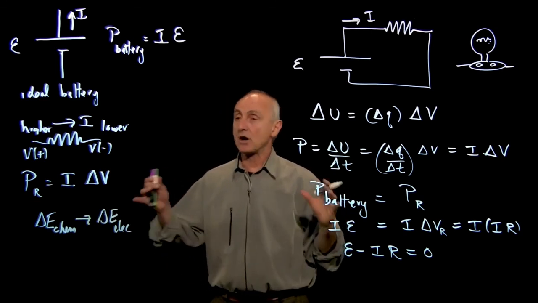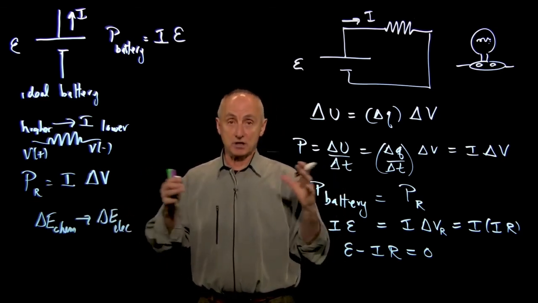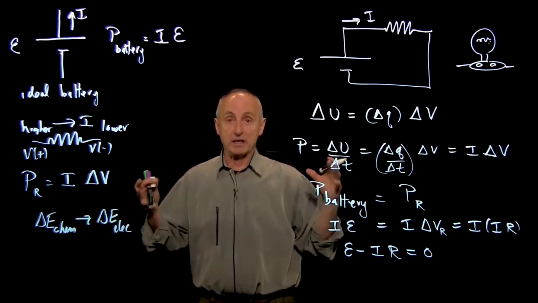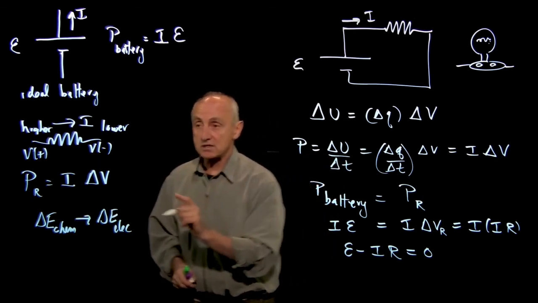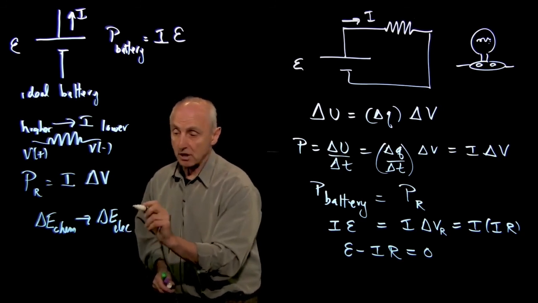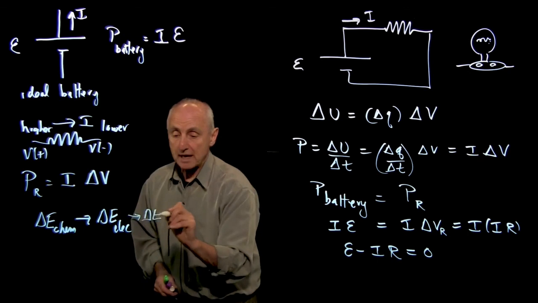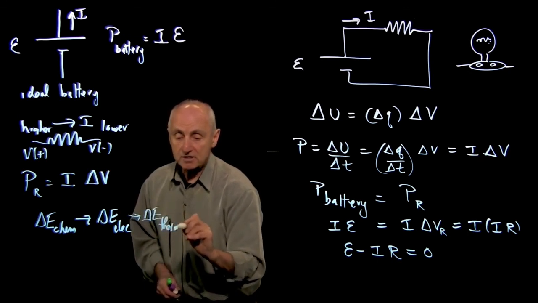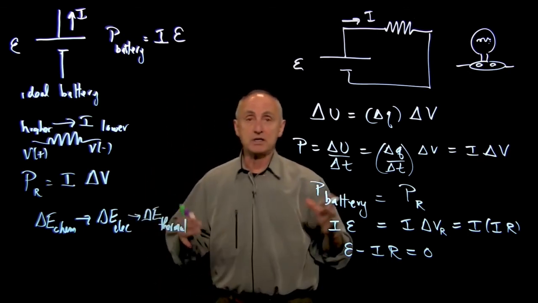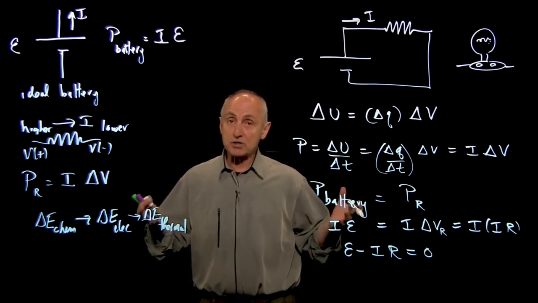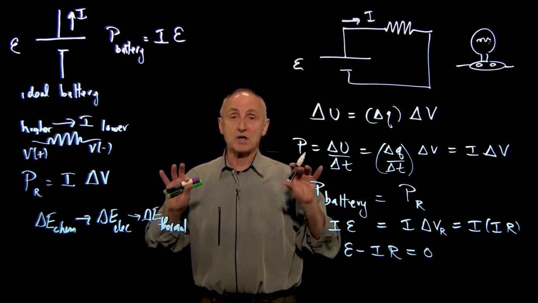Now, in the lattice of the resistor, there are collisions, and the lattice starts to vibrate. And what we see is that there's a dissipation of that electrical energy into what we refer to as thermal energy. This is the energy of vibration in the lattice. That means an increase in thermal energy; the wire gets warmer.